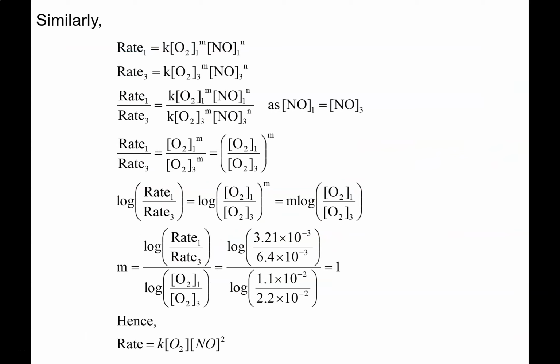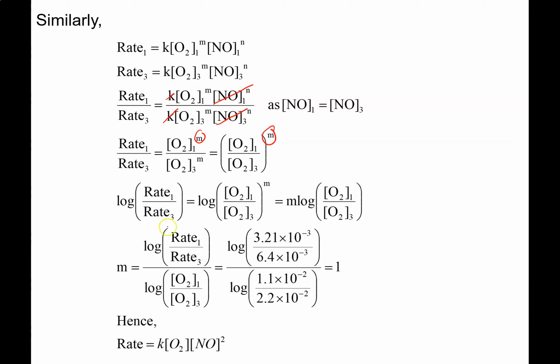So here we go. Rate of 1 equals that. Rate of 3 equals that. Take the ratio of the 2, and then some terms will cancel. So that gives me this, and then I'm going to take the exponent here and put it out the front.